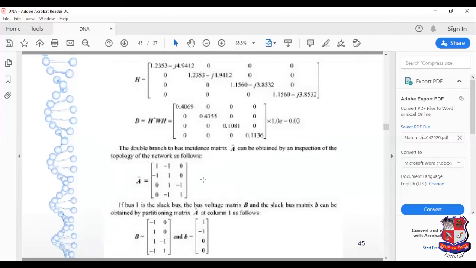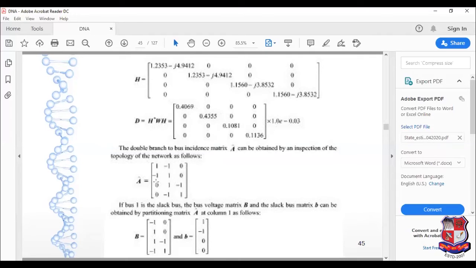So let me discuss this first: the H matrix is derived by V1 divided by Z12, V2 divided by Z12, V2 divided by Z23 and V3 divided by Z23. And these are the results. I can easily determine the value of D, that is H transpose W into H, and these are my values. So from determining the value of H, I can easily determine the value of D.